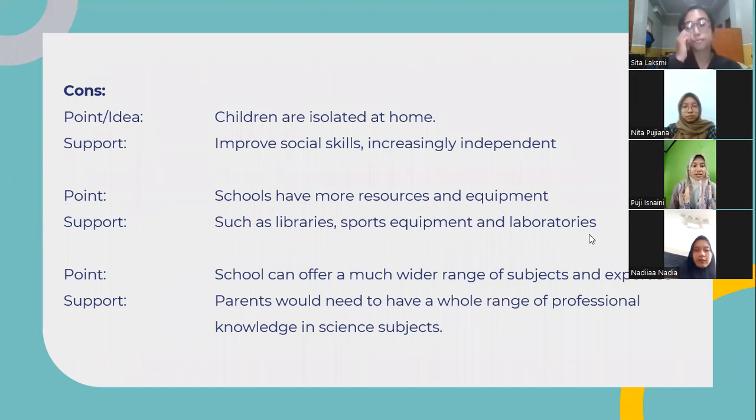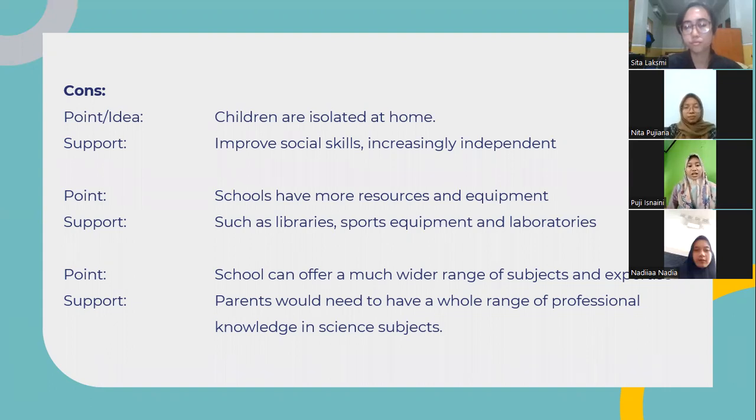And the last, a final argument is that schools can offer a much wider range of subjects and expertise than parents can provide on their own. Parents would need to have a whole range of professional knowledge in science subjects like physics and chemistry, to English literature and economics.